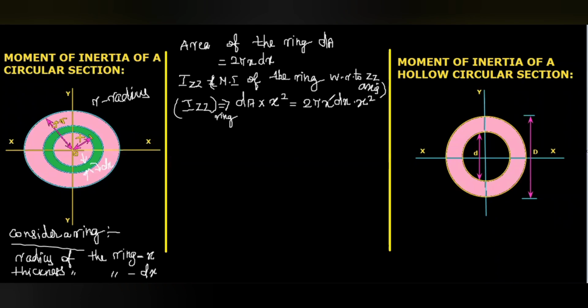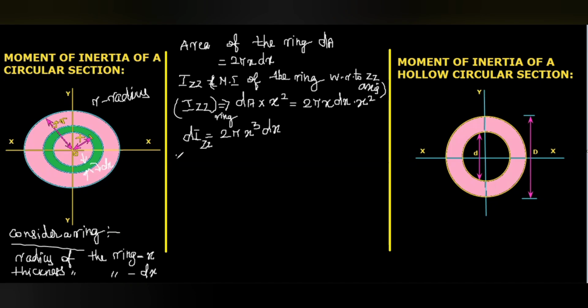So 2 pi x cube dx, that is dIzz, the moment of inertia of the ring with respect to the ZZ axis.